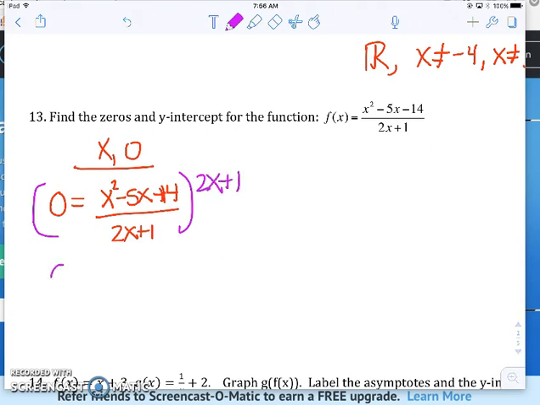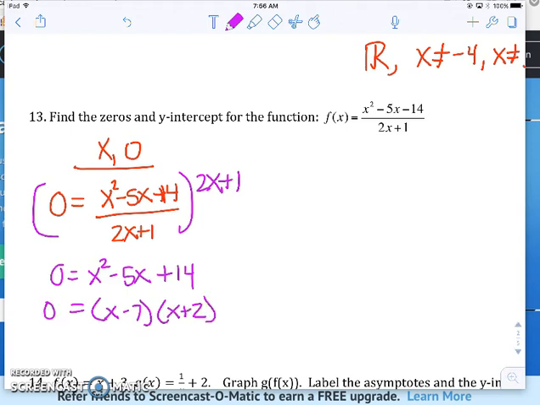So when does 0 equal x squared minus 5x plus 14? So this factors into x plus 7. Nope, not x plus 7. It's got to be minus 7, x minus 7 and x plus 2. So there must be zeros at x equals 7 and x equals negative 2.